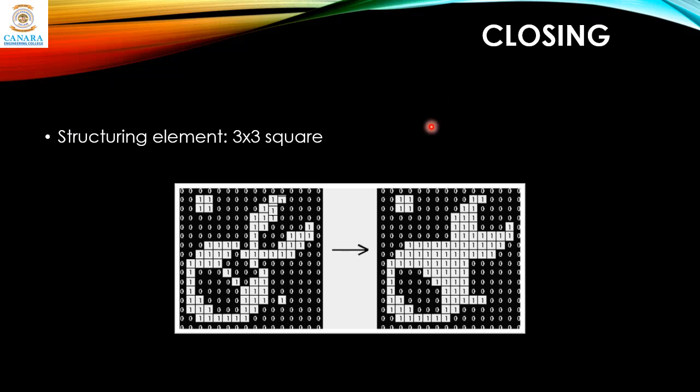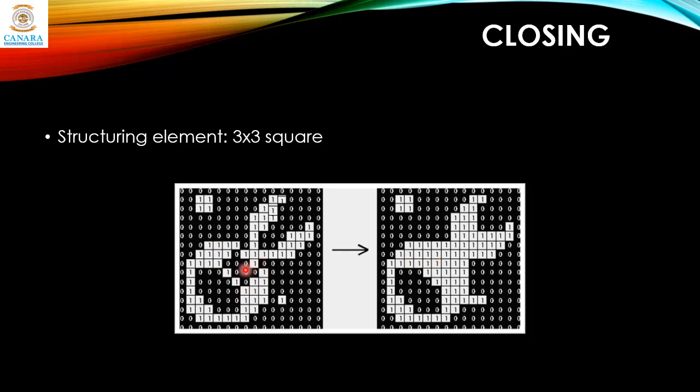So let's see the application of closing here. We are using a structuring element which is a 3 cross 3 square, and this is the input image, and you can see the background which is 0 and the foreground which is 1. The foreground has gaps inside it. Now if you perform closing operation, it will close the gaps inside the foreground.